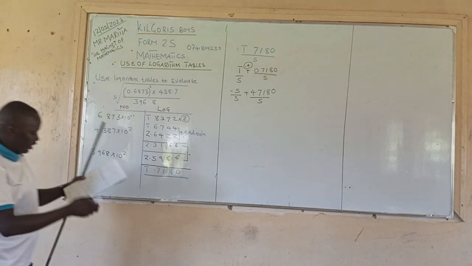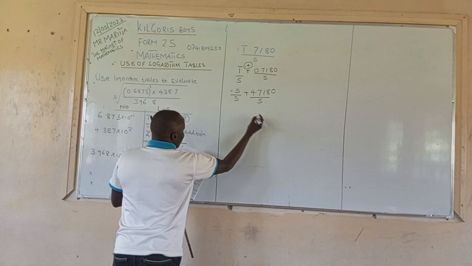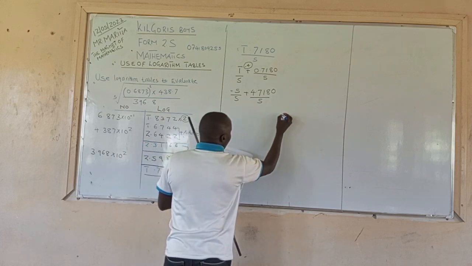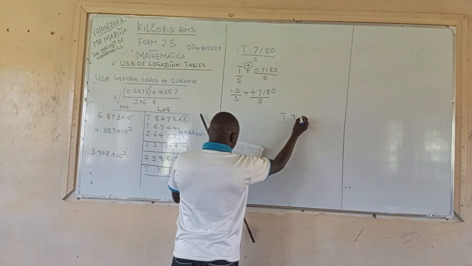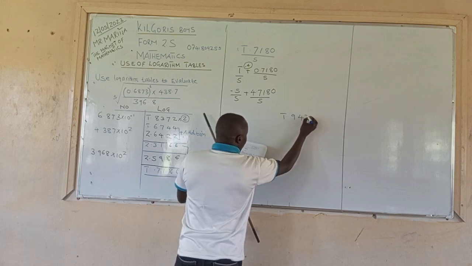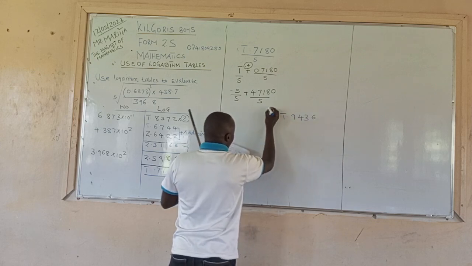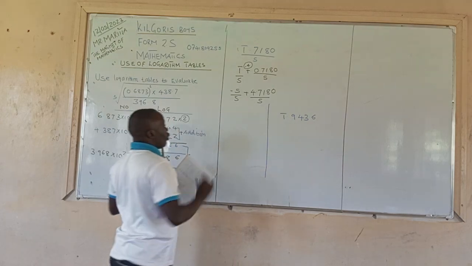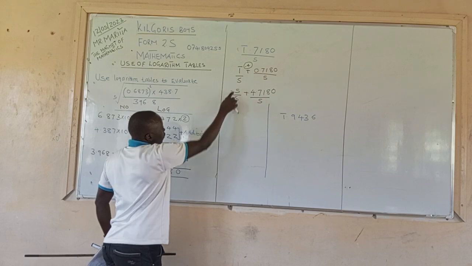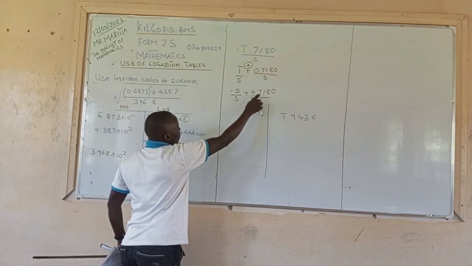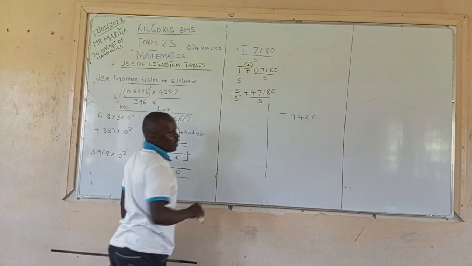If you divide that one by 5, it will give you the final answer as 1 bar, 0.9436 in that case. So you proceed now, after dividing negative 5 over 5, then 4.7180 divided by 5.